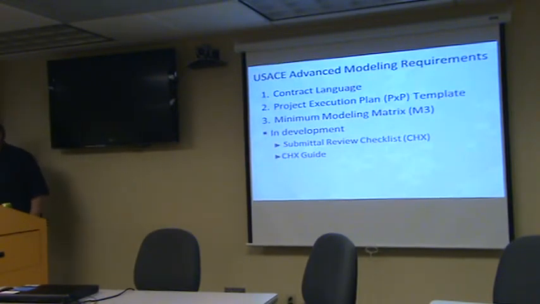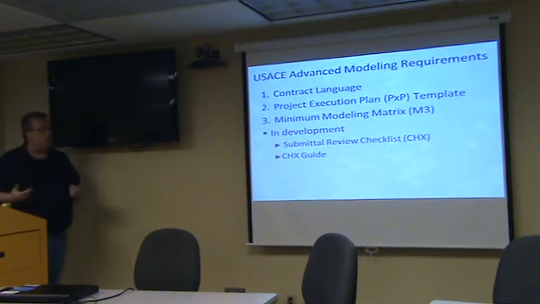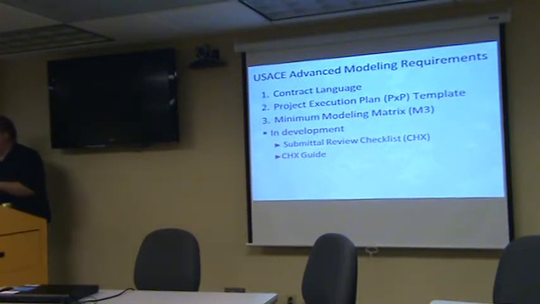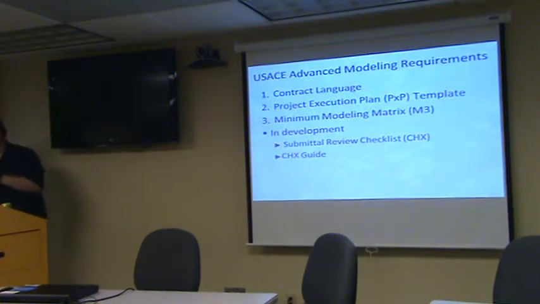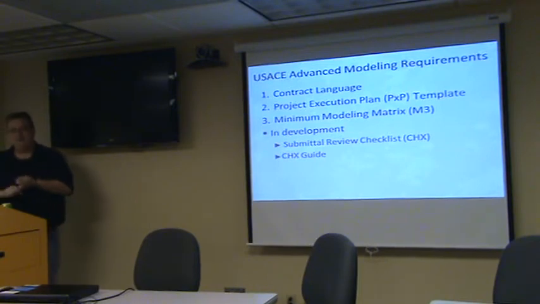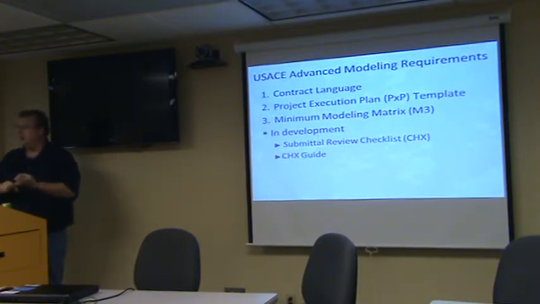The Corps modeling requirements are built into three things. There's contract language, there's the project execution plan template, and then there's the M3, the minimum modeling matrix. The top one, the language, says this is what you're going to do. The middle one is you telling the Corps how you're going to do it.